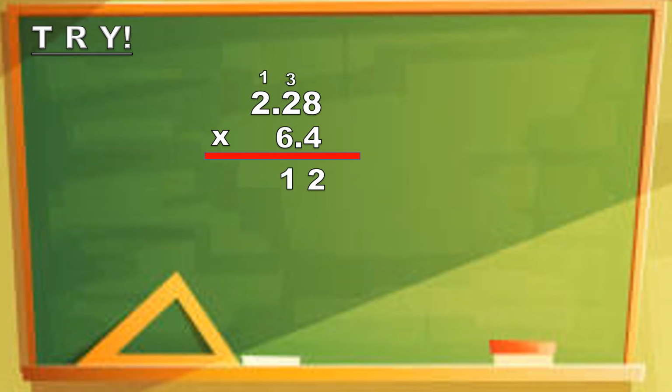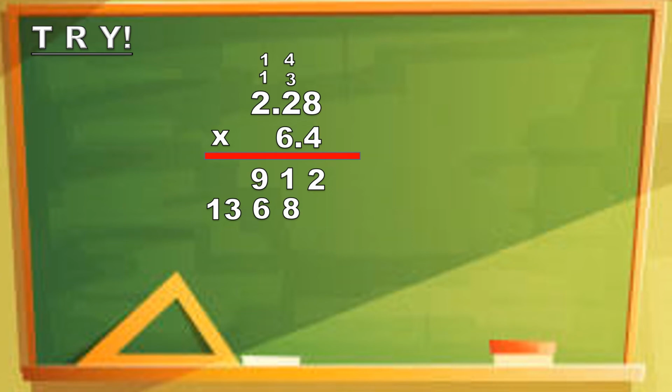Carry 1. 4 times 2 is 8, plus 1 is 9. And then we multiply 6 to 8. 6 times 8 is 48. Carry 4. And then 6 times 2 is 12, plus 4 is 16. Carry 1. 6 times 2 is 12.